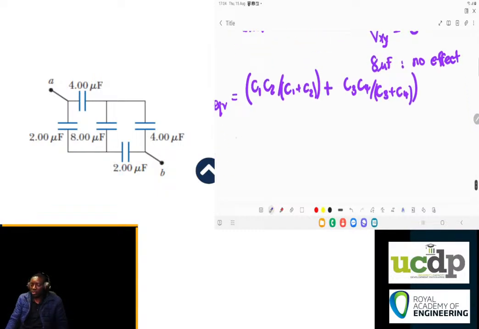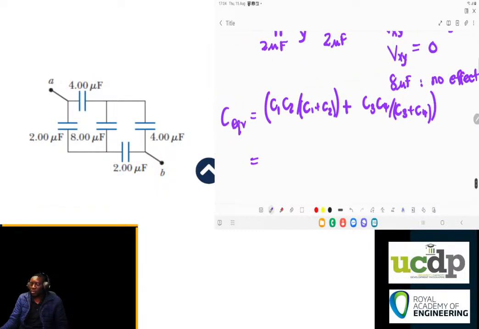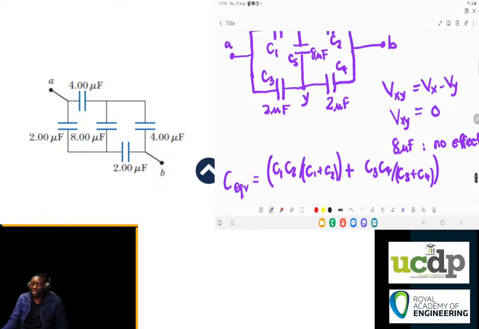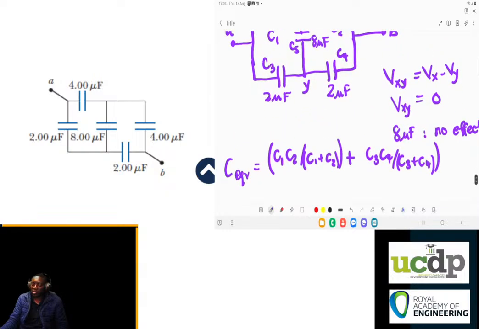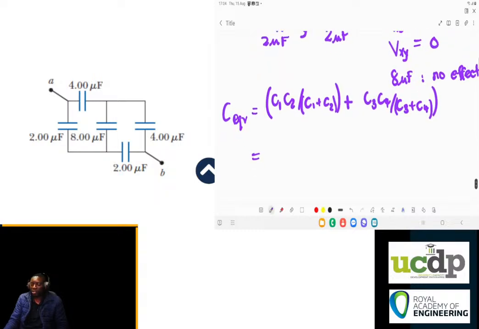Once we do that, we can now substitute. Remember, the 8 microfarad, C5, does not count in this case because of the Wheatstone bridge and the potential divider arrangement that it makes. So C1 being 4, C2 being 4, we've got 16 over 4 plus 4, which is 16 over 8, plus 2 times 2, 4 over 2 plus 2, which is 1.